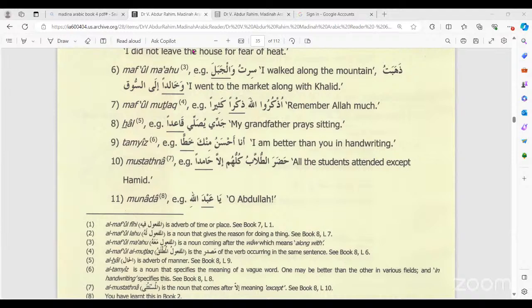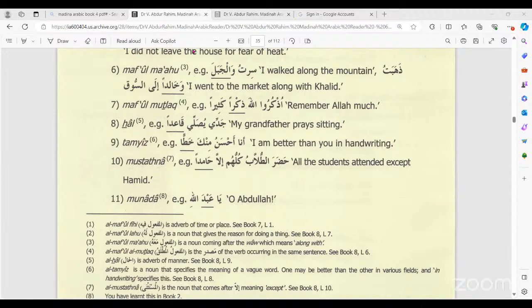Tamiz is something distinguishing. I'll explain. Ana ahsanu minka, I'm better than you. If I say I'm better than you, why am I better than you?